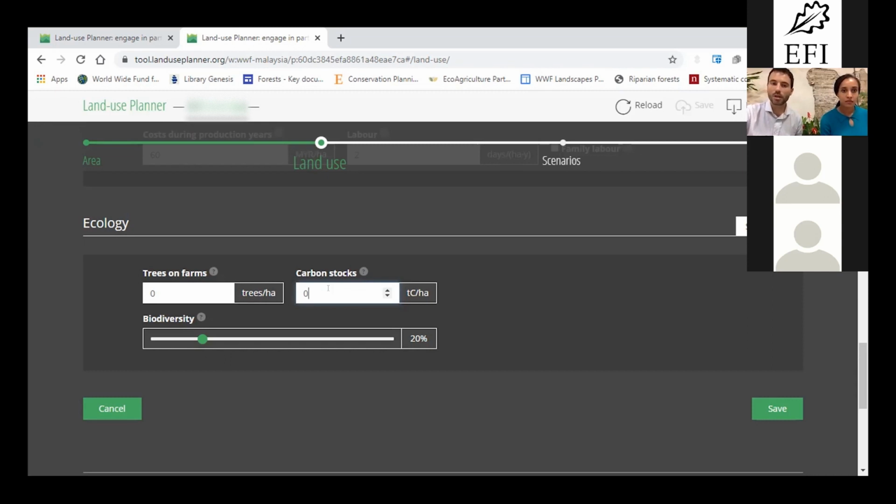In the results of the land use planner, you have the option to not account for the carbon stocks of perennial crops, because in REDD+ accounting, normally we don't, but for other kinds of accounting, we allow this to happen. So if you want to account for the carbon stocks of your tree crops, you can.